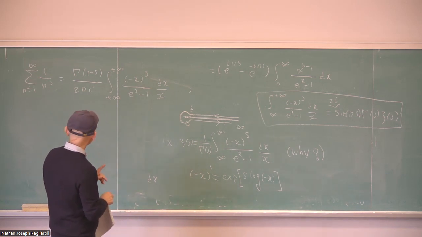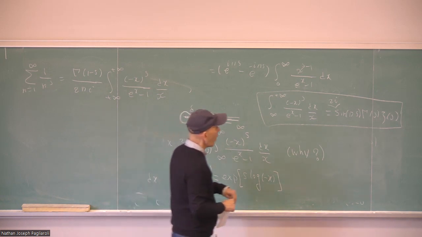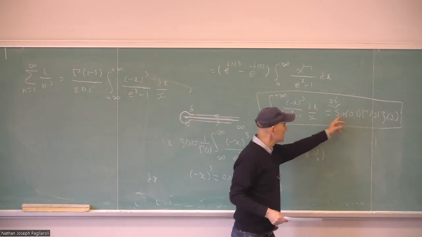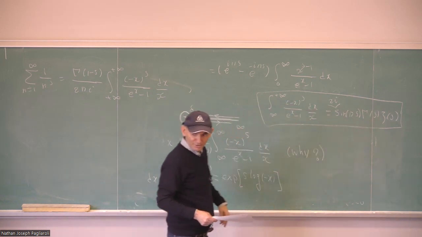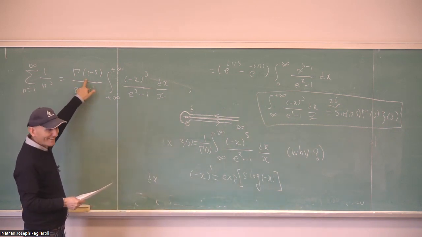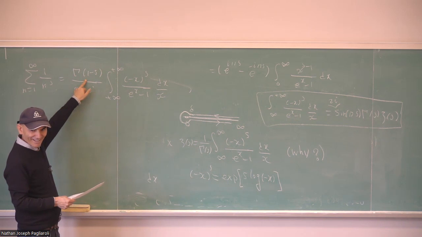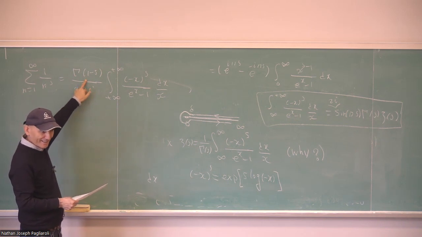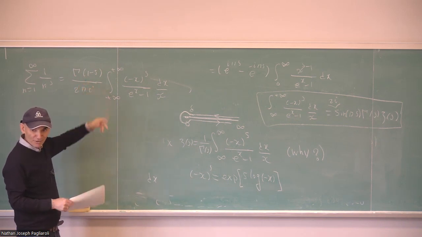Now, one thing here is worth paying attention to. Why could I change this product to this one? That was the reflection formula for the gamma function.